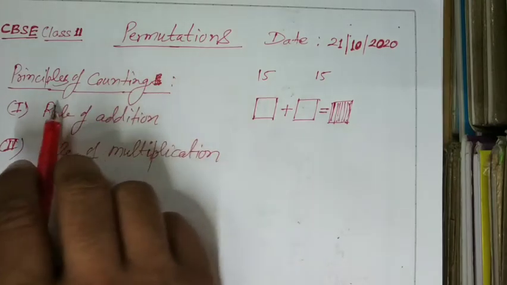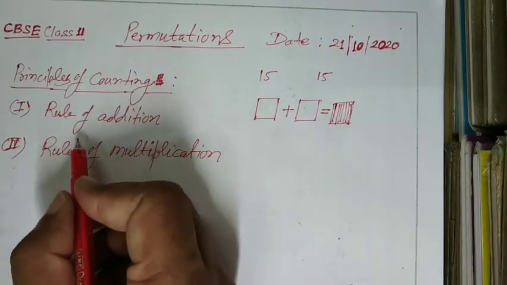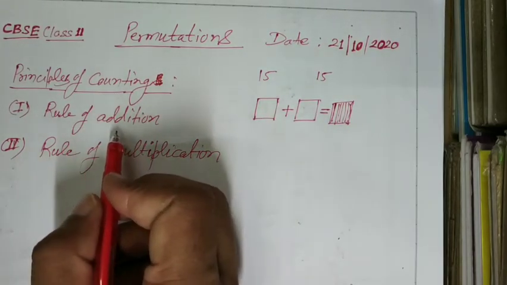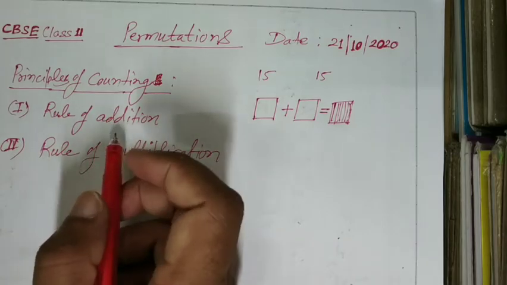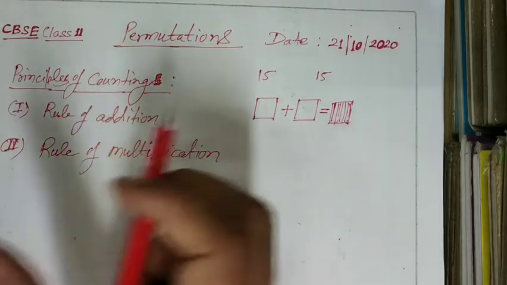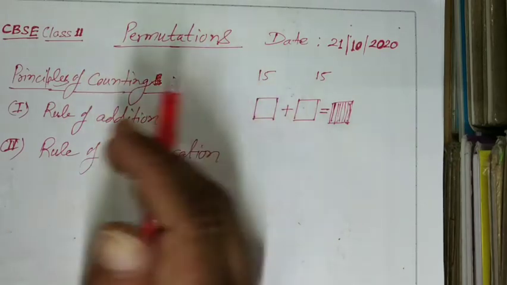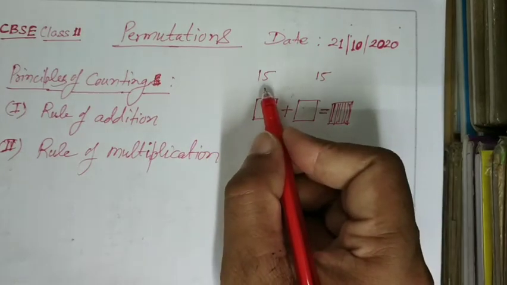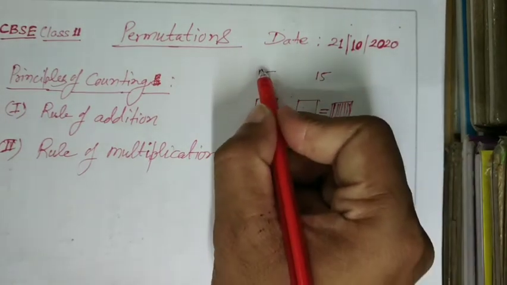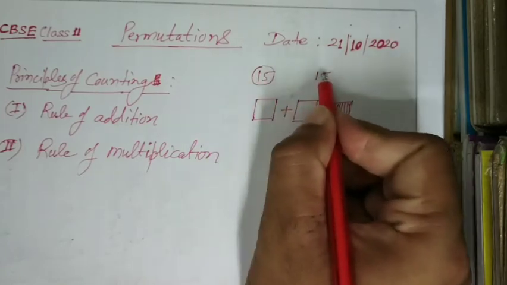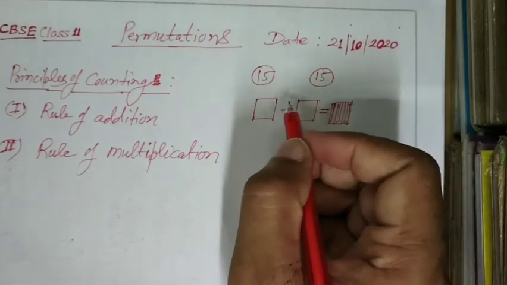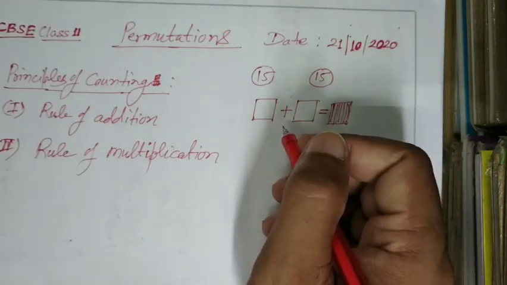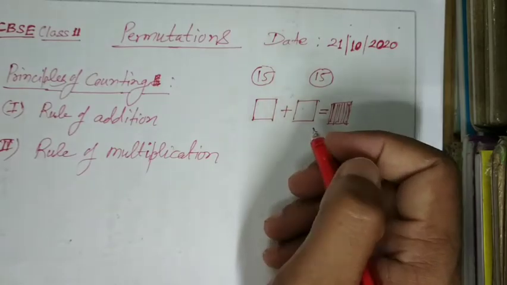The first topic in permutation is the principle of counting, in which there are 2 parts: the rule of addition and the rule of multiplication. The rule of addition, or law of addition, says that if any task can be done by any of several ways, all the possible ways are added. Suppose we take one example for more clarity: 15 students are boys and 15 are girls, and a teacher has to select either a girl or a boy as class monitor.